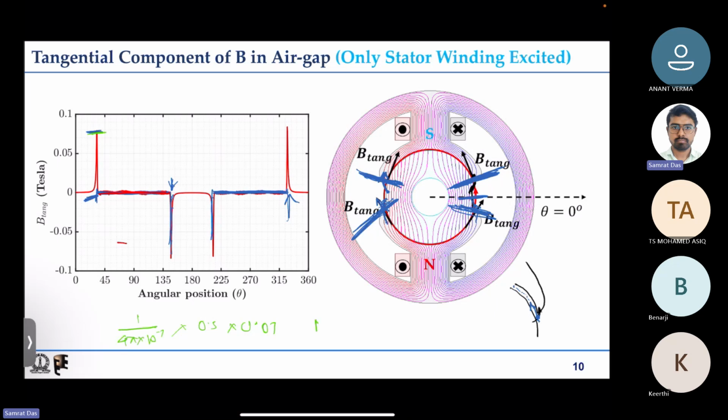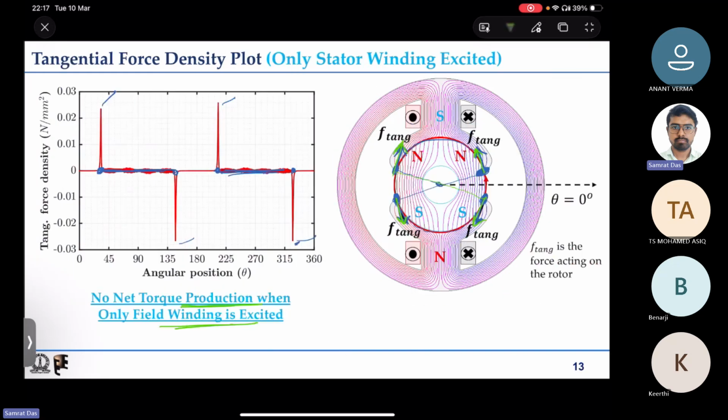The unit will be Newton per meter square. Now to convert meter square to millimeter square, you have to multiply by 10 to the power 6. If you multiply this whole thing by 10 to the power 6, then this will become Newton per millimeter square. So you will have some 40 pi, and all those things will go away. If you look at the value, it will be approximately like that, 0.02.